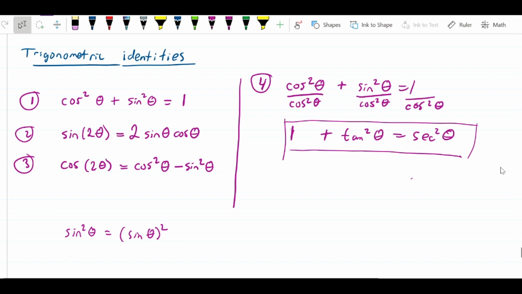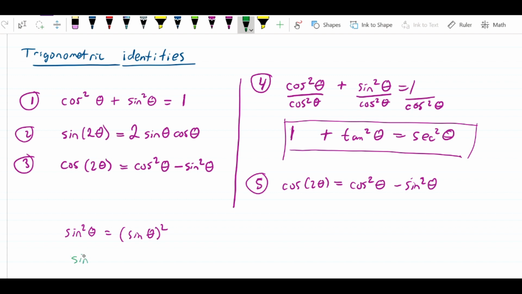For the next identity, I'm going to start with identity number 3 and combine it with identity number 1. So let's start with cosine of 2 theta equals cosine squared theta minus sine squared theta. Now, the thing to recognize is that if I take identity number 1 and I rearrange it, I can solve for sine squared in terms of cosine squared and 1.